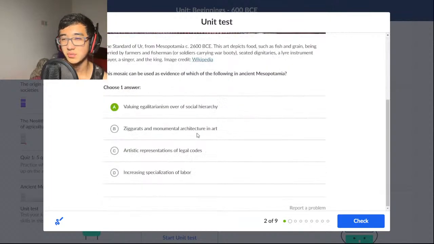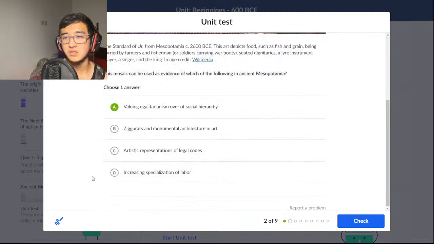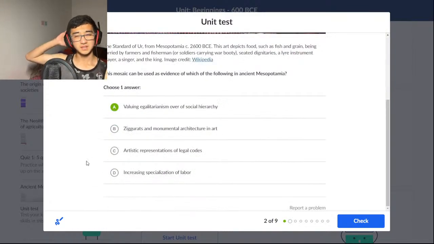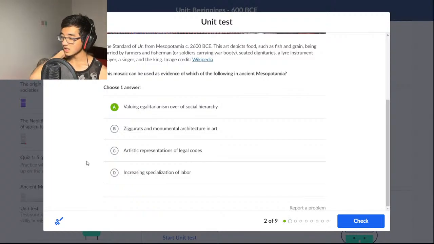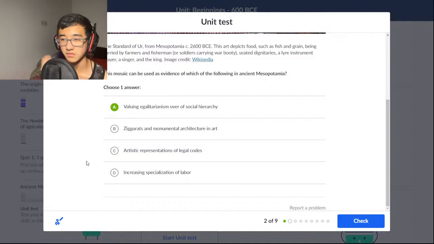B, I don't know why. C, also don't know why. D is also possible. Okay, A and D again, because A includes social hierarchy, and D also includes a type of social life, because the specialization of labor among social classes.